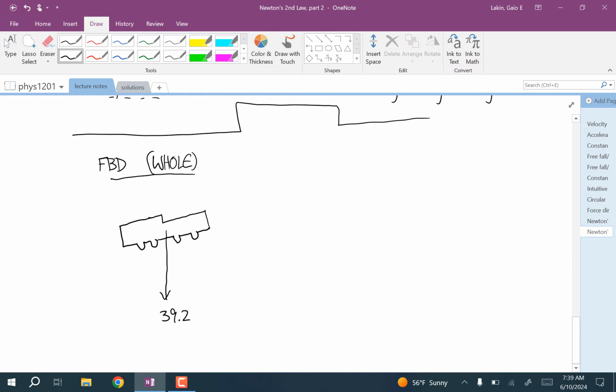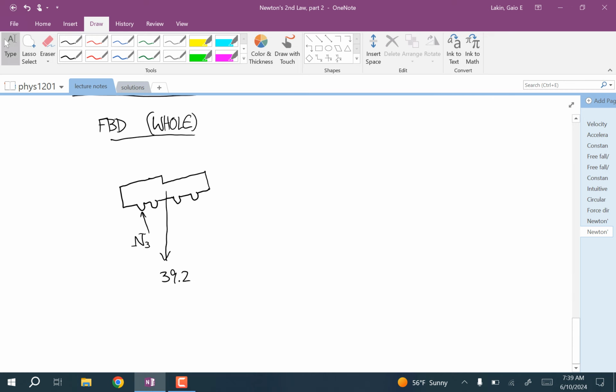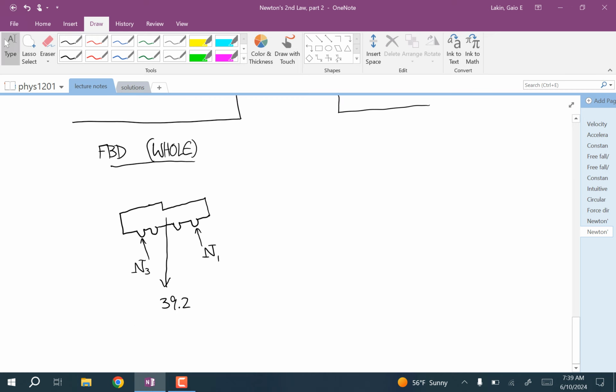And then there's going to be a pushing force here. I'll call that N3. And a pushing force here. I'll call that N1. The only other force is the 10 newtons that's applied here. And I'm going to choose my positive direction this way.